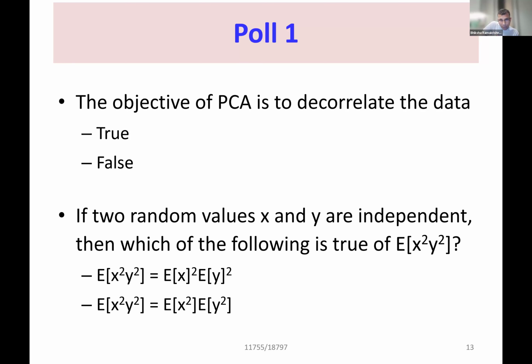Also, for the second one, which is the correct answer? The second one is the correct answer. Yeah, because if X and Y are independent, then the expected value of X squared Y squared is going to be the expected value of X squared times the expected value of Y squared, right? So let me stop sharing this and kill this poll. Let me continue.